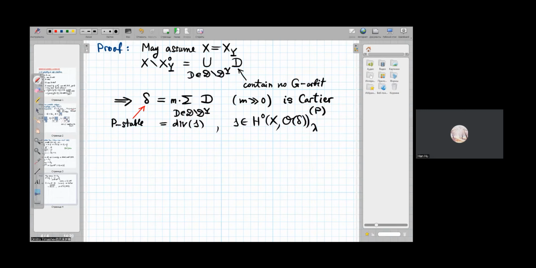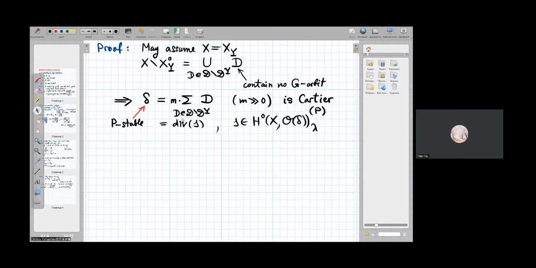So we should have sufficiently large M, not to make this divisor Cartier, but to make the group G act on the respective line bundle. You may recall that. Yes, I recall that. Okay, so why is delta P stable?